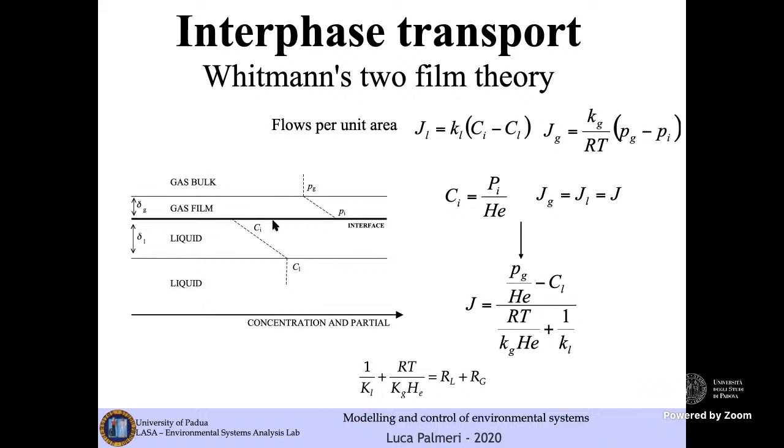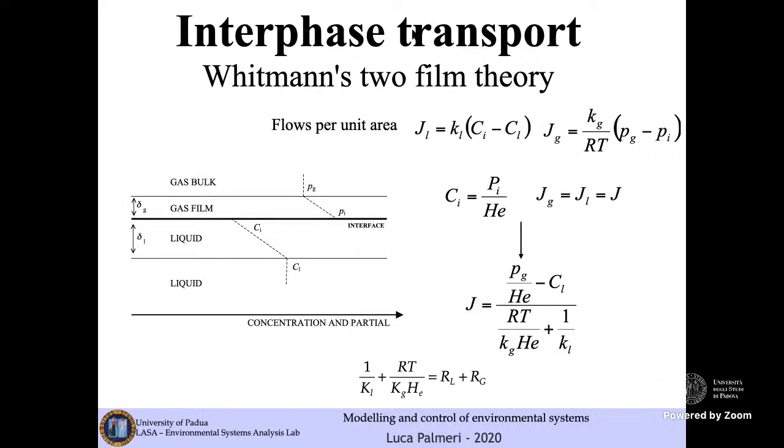So the interaction or the exchange happens exactly in this portion of the space that characterizes the interface. How can we describe this process? I give you a very trivial way of extracting a model of interaction between these phases.